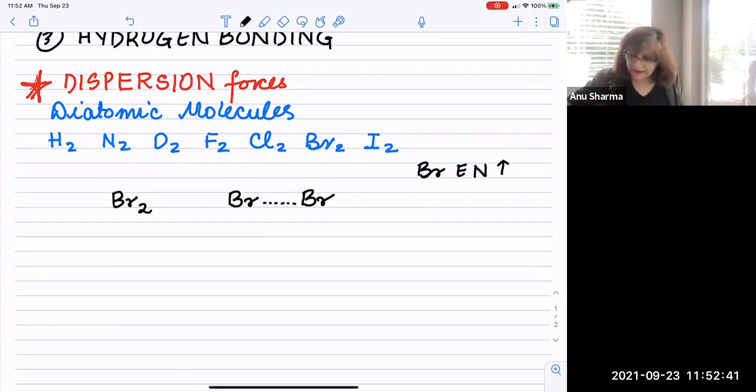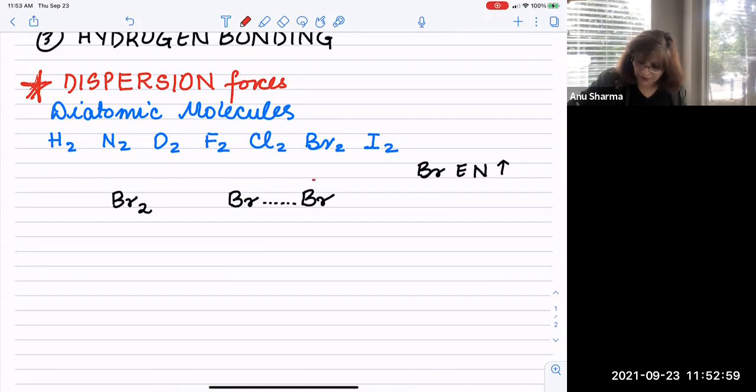So by this, it looks like it is equally sharing the electrons. But the reality is that at some point, one of the bromines is going to exert its power. In other words, it will attract the electron clouds towards itself. So a temporary dipole is going to come in this molecule, although this is a neutral molecule.